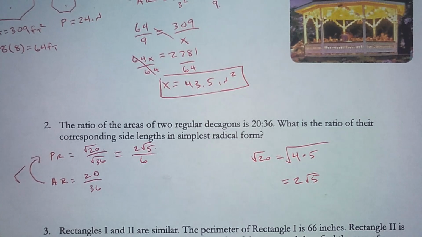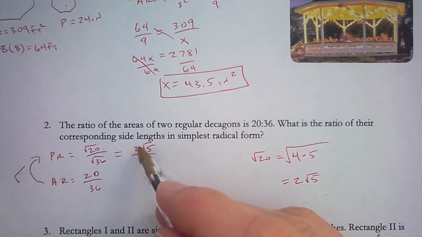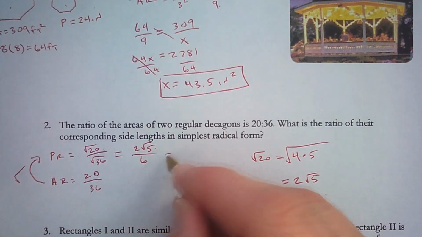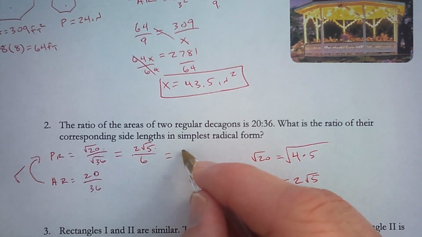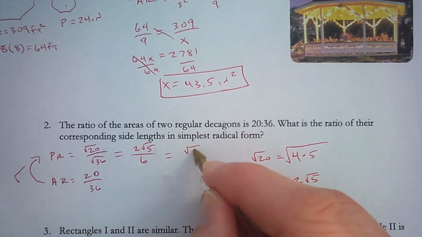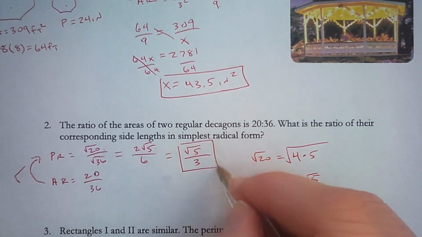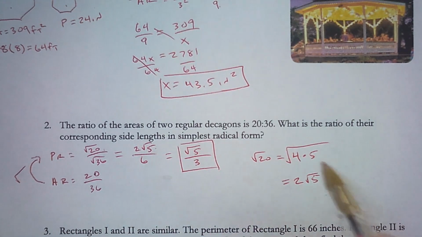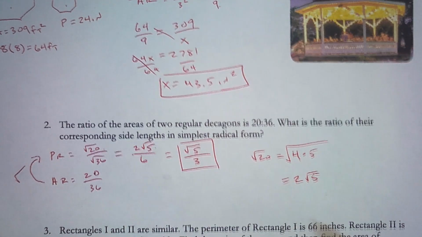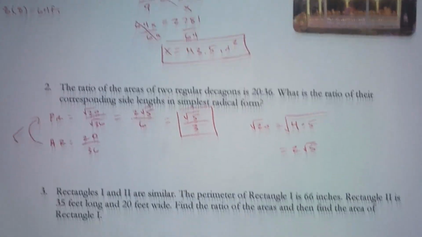So there is the square root of 20 in simplest radical form. Now 2 over 6 can be simplified. 2 goes into each 1 time. So it's 1 times the square root of 5 and 3 times. So the square root of 5 over 3 is the ratio of side lengths in simplest radical form.